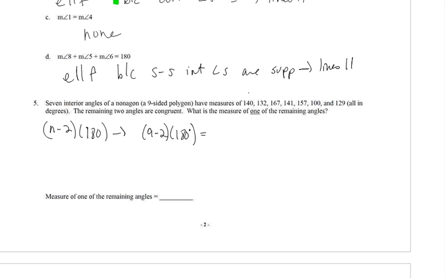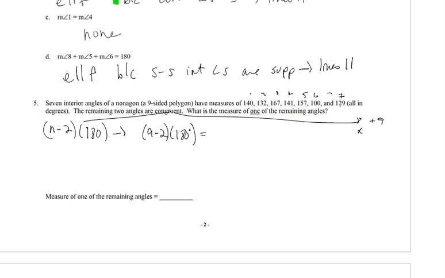And how would we get that? Well, this is angle 1, 2, 3, 4, 5, 6, 7. Okay. The remaining 2 angles are congruent. So that's going to be 8 and 9. We don't know what that measurement is, so we'll call it x.